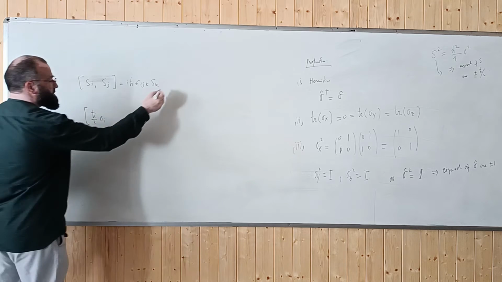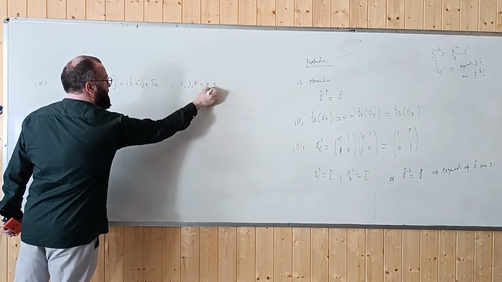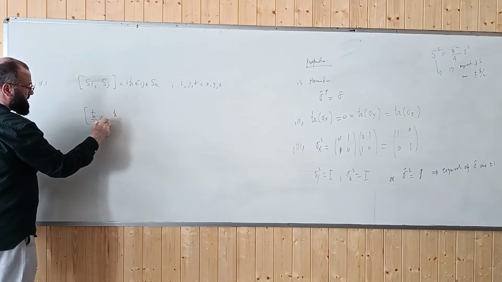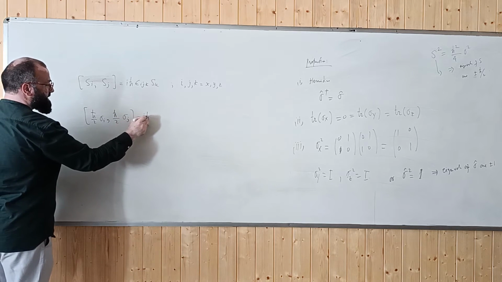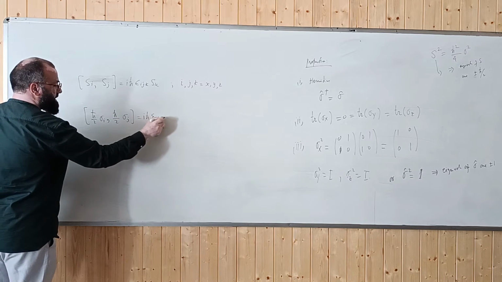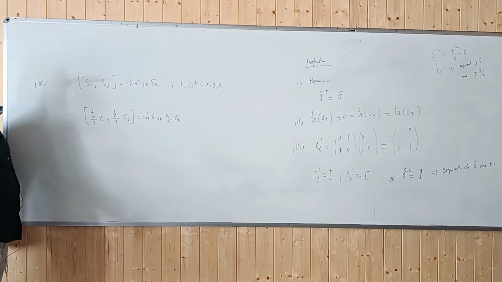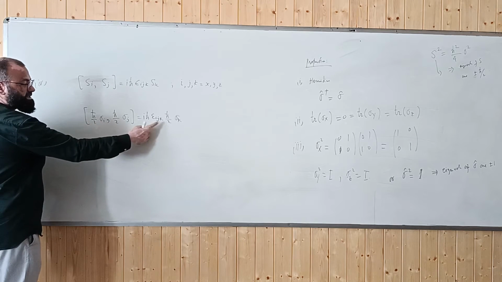Here i, j, k are actually x, y, z, or 1, 2, 3. So it is actually equal to h cross by 2 sigma j. So what you are having here: I h cross epsilon ijk h cross by 2 sigma k. Clear? Okay. So you are having h cross square by 4 on one side, h cross square by 2 on the other.